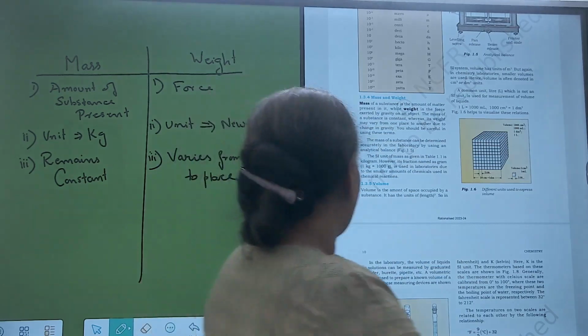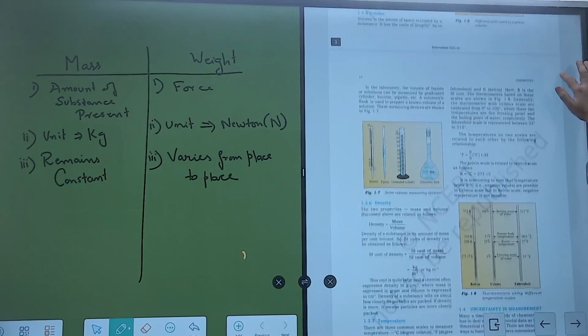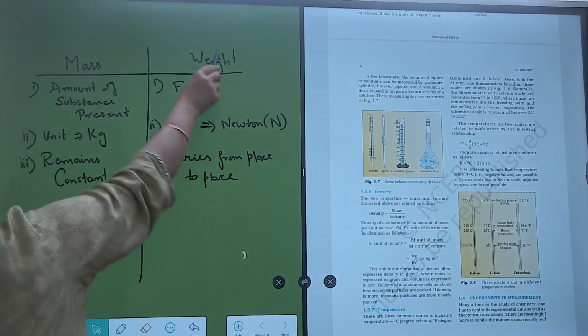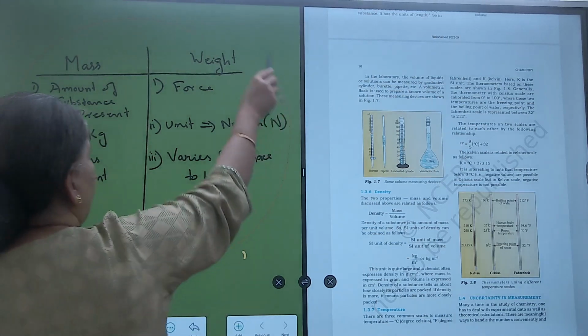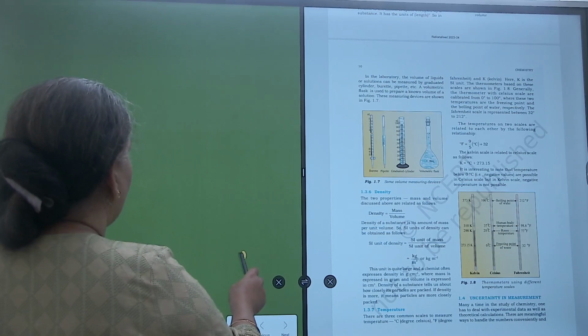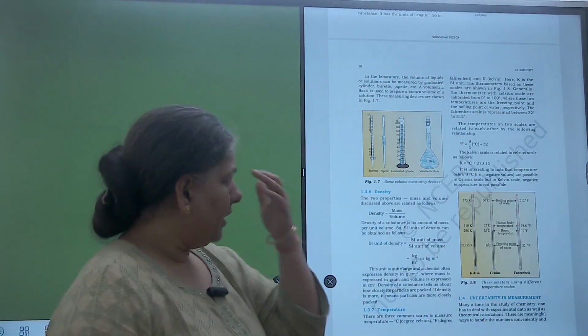Okay, next we come to units of measurement. We have three units of measurement, which are degree Celsius, Fahrenheit and Kelvin. It is important that you know the conversion of each.